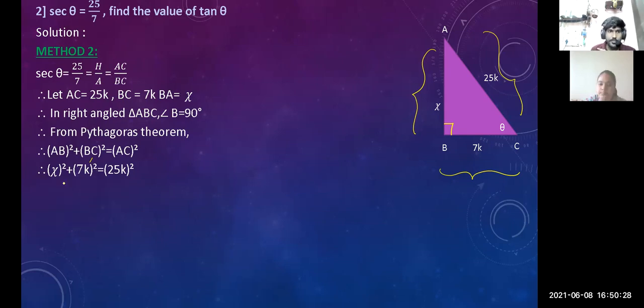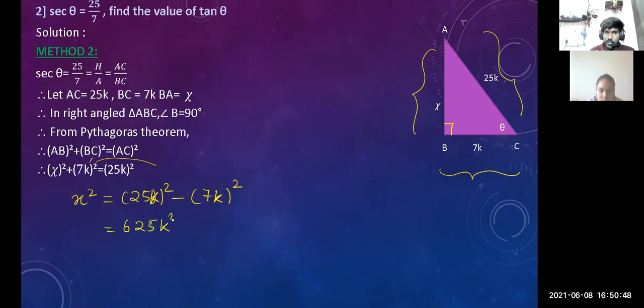So now you take 7K square on the other side. So you have X square is equal to 25K the whole square minus 7K the whole square. Now 25 square is 625 and K square, minus 7 square is 49 K square. Now you can subtract because both of them have K square.